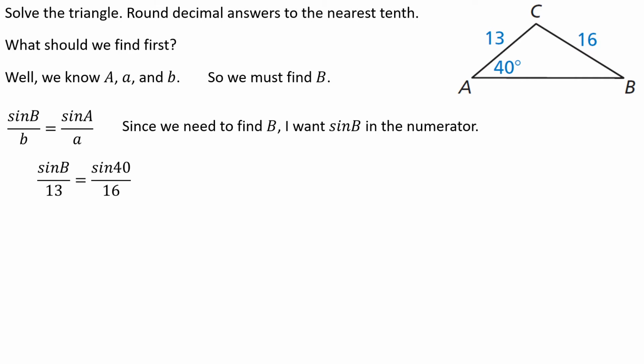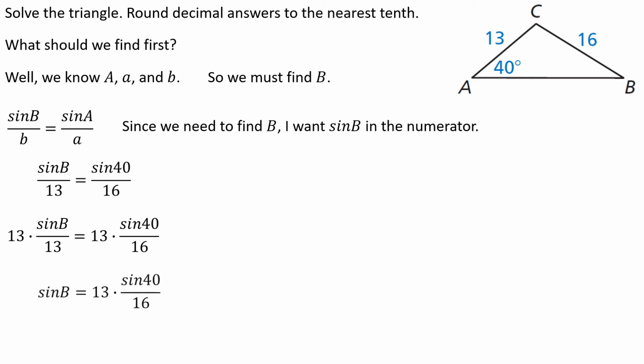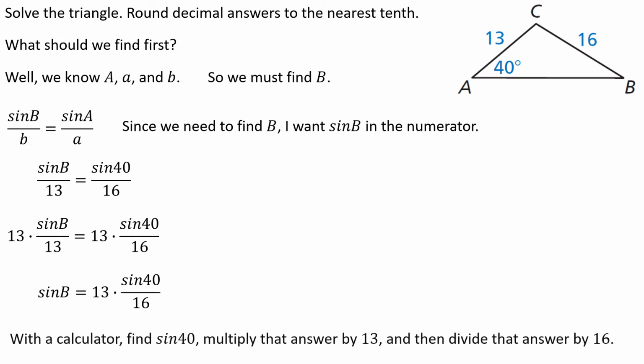Okay, so plug in what I know. Multiply both sides by 13. I now have sine of B isolated. So I'm going to have to grab a calculator. I'll take the sine of 40, multiply that answer by 13, and finally divide that whole thing by 16.